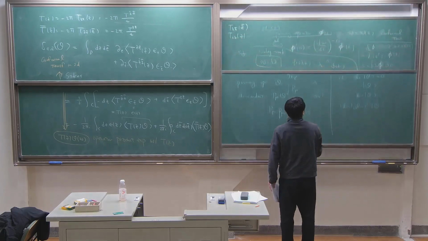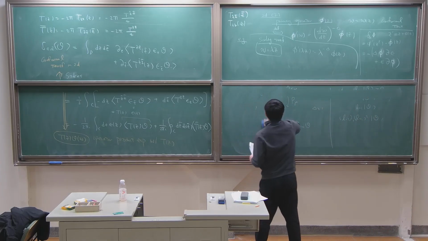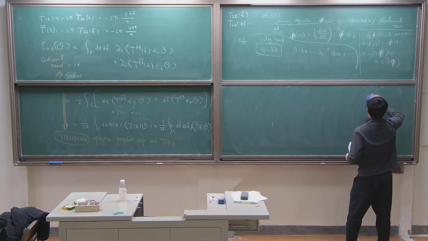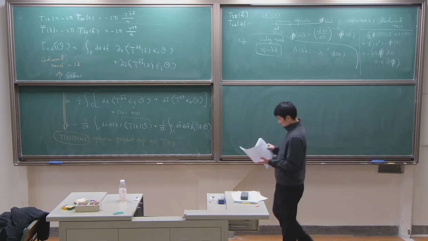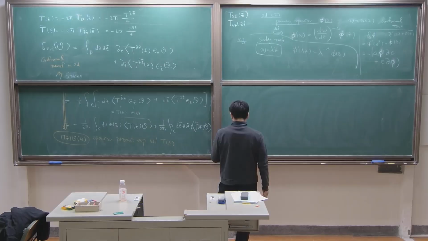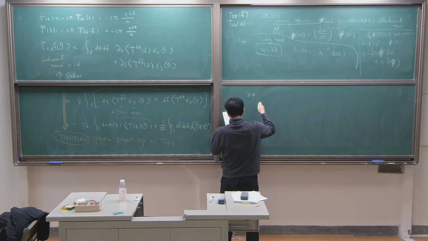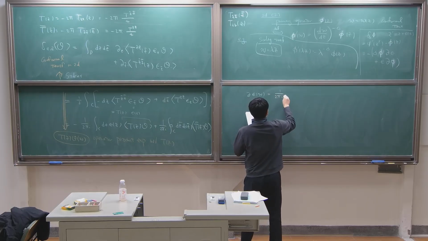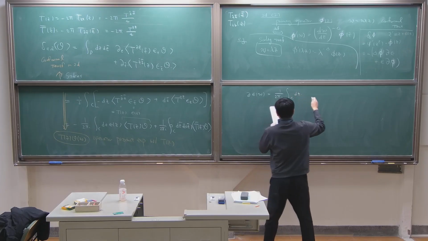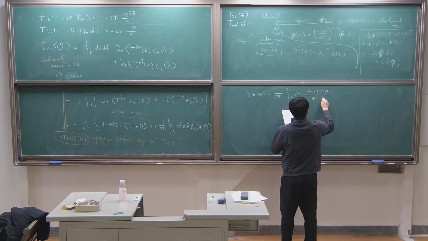Okay, then how should T of phi look? So we want the variation delta epsilon phi of w to be obtained by 1 over 2 pi i, the contour integral of dz epsilon of z, T of z phi of w, over z minus w, squared.